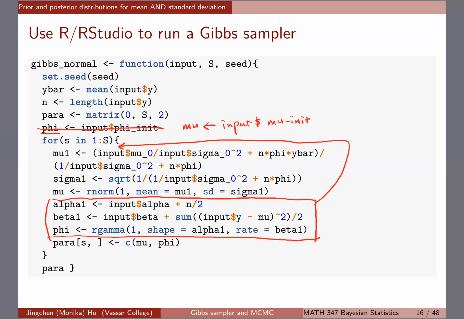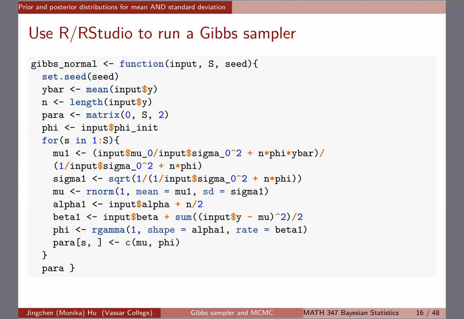The 3 lines in the red box are the ones you need to use to update phi, so bring them up. The remaining 4 lines will just stay after the box. But the final part still stays, because you should save both mu and phi, the ones you drew, into the para matrix that you're going to use later. So this is the first thing to change.